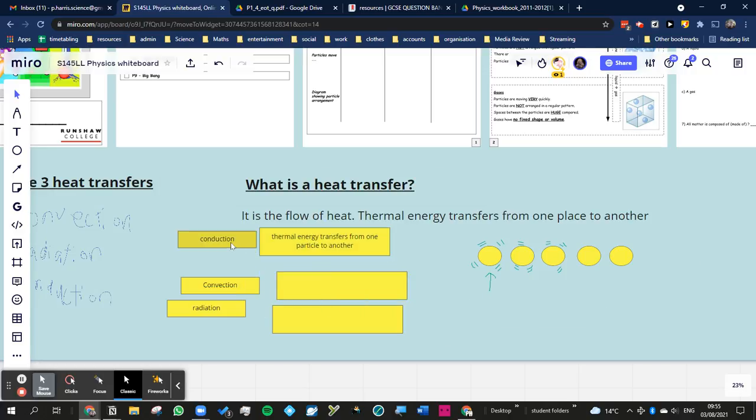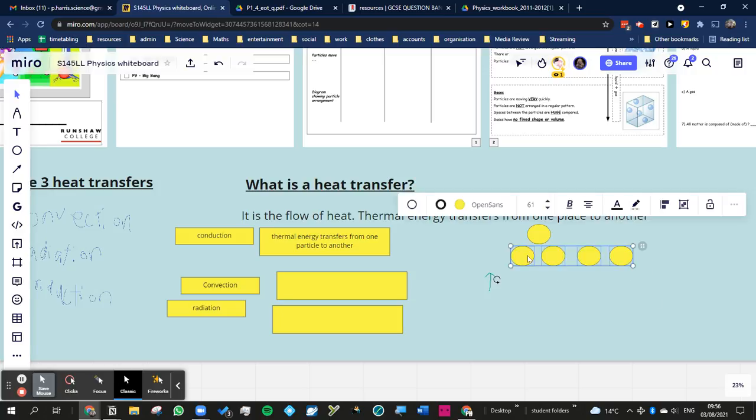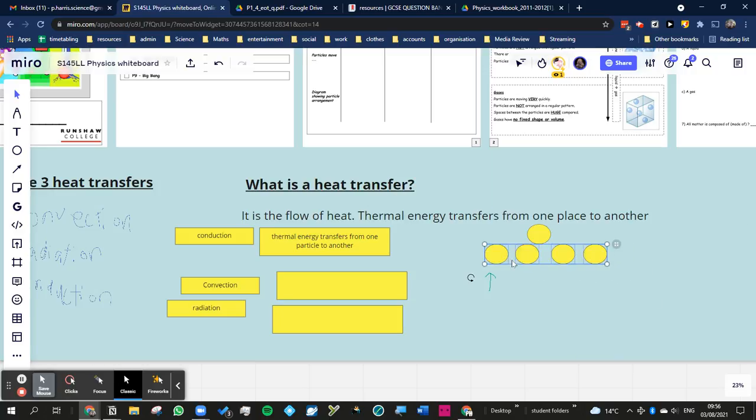So the next one would be convection. If this was not a solid but a liquid, then these particles would be able to move. So we'll just get rid of these little vibration things here. Now, they can all move and flow by each other. So this one could move over here, and if this is a liquid, maybe they would all move that way. Another way we could think about it is, let's just get these back again.